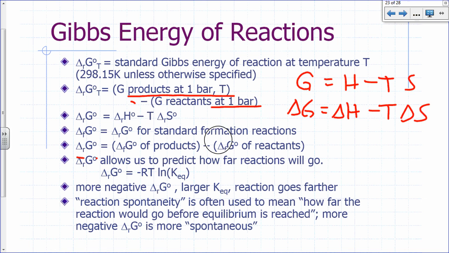we'll see that the standard delta G of a reaction is very important because it will tell us how far reactions can go. We can relate it to the equilibrium constant. The standard Gibbs energy of a reaction is equal to negative RT times the natural log of the equilibrium constant. Okay? Let's see what the algebraic sign of delta G means.